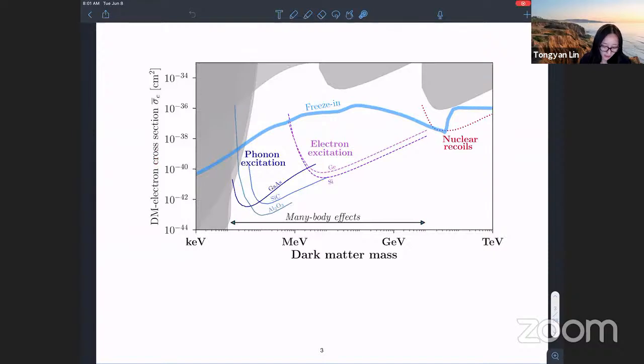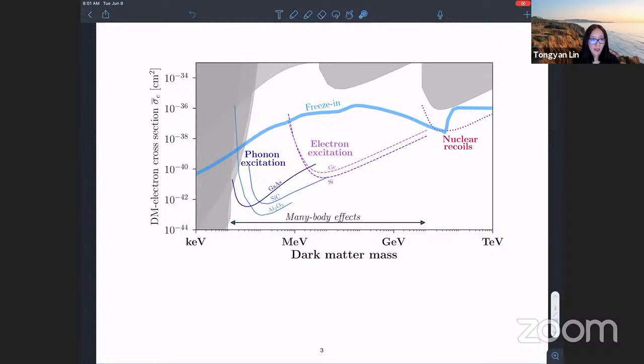This is dark matter electron cross-section. And this is actually a particular model that I'll talk about shortly. And you can compare nuclear recoils versus looking for electron excitations and phonon excitations in various solid state materials. And so that's why there's been so much interest and development in looking at different types of materials for this keV to GeV dark matter mass range.